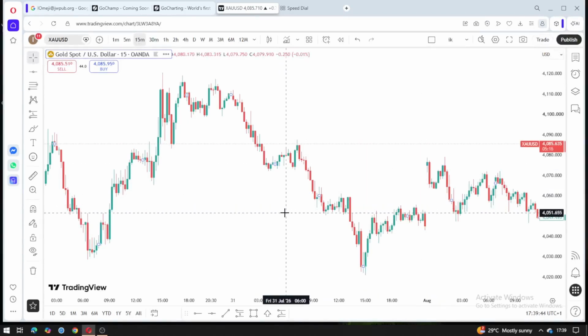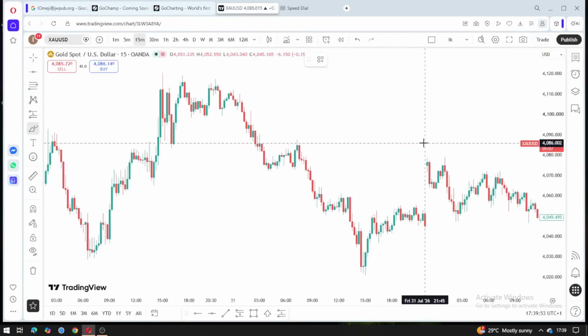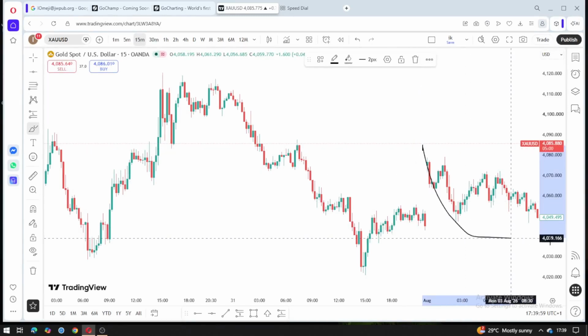So what it means is that what we had before the market opened, possibly before the student marked out the support and resistance, this portion of the chart I want to mark, was not available.